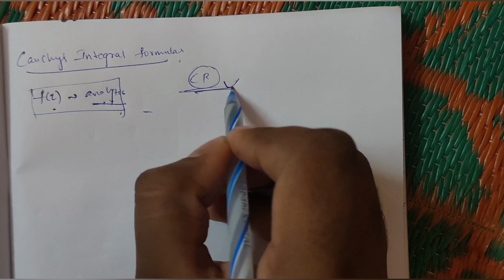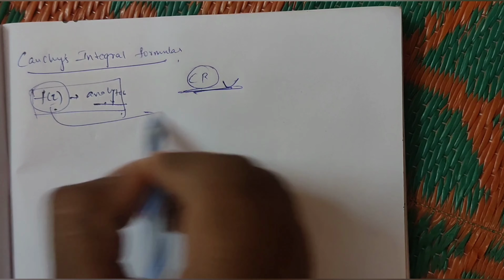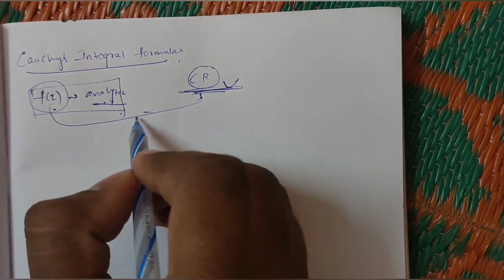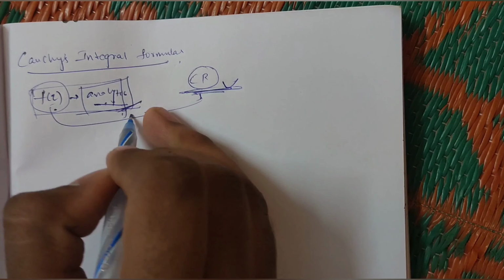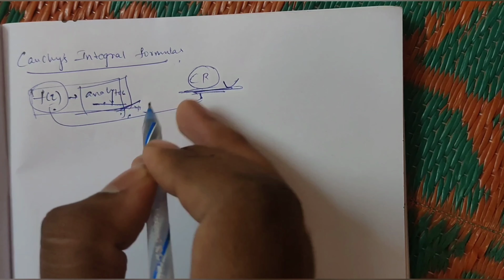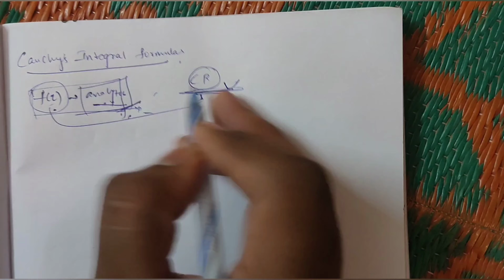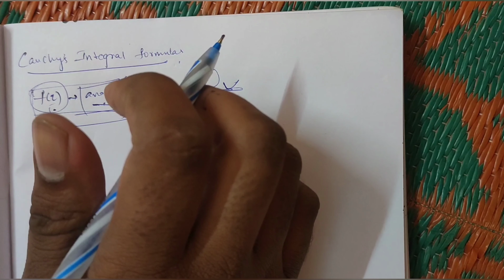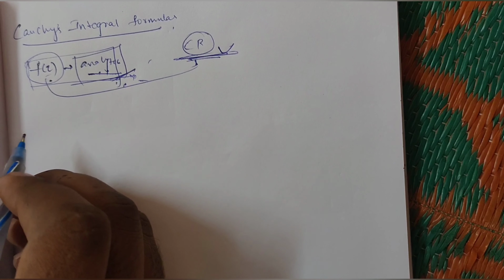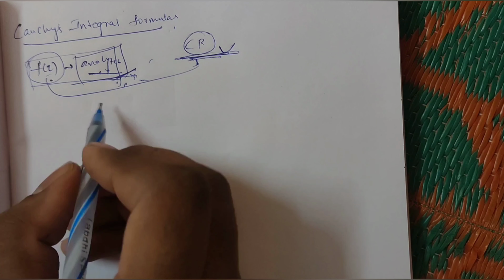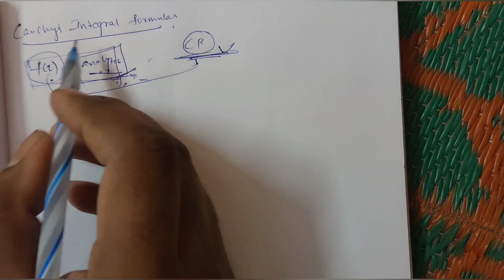If f of z follows the CR equations, then we can say this function is analytic, and if it is analytic, it can satisfy any formula in any theorem in complex integration.